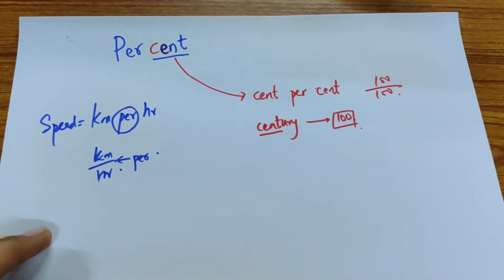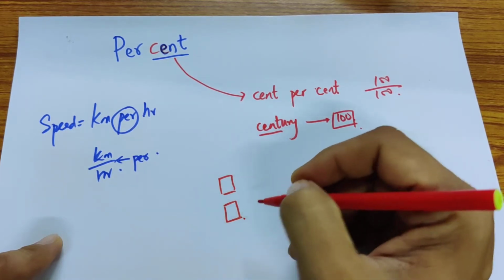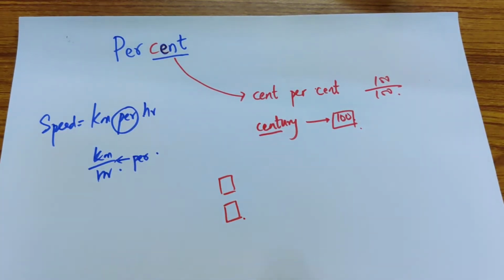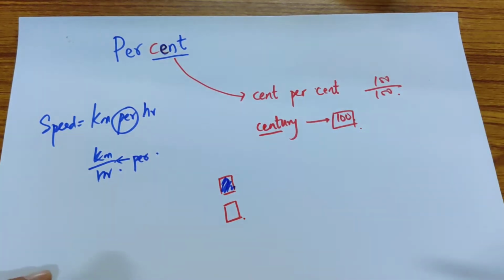So it means we are expressing a fraction, and how much it is out of 100. So let's say we had two pieces and we were saying 1 by 2.